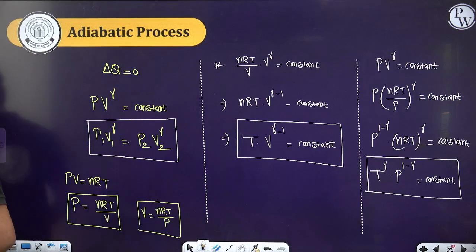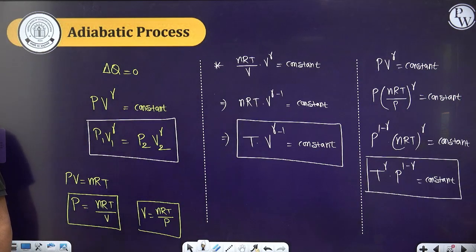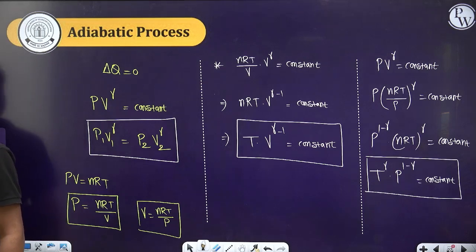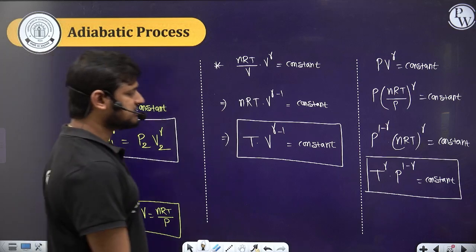So we'll go to the graph now. The P versus V curve is important here. What is a P versus V curve?